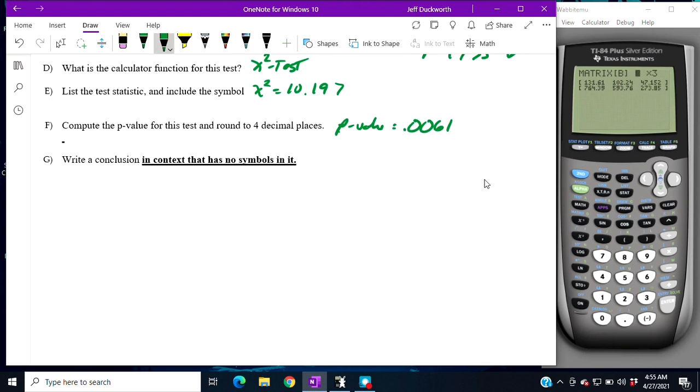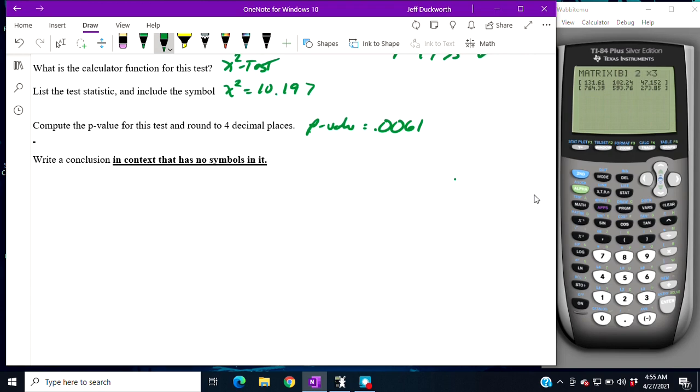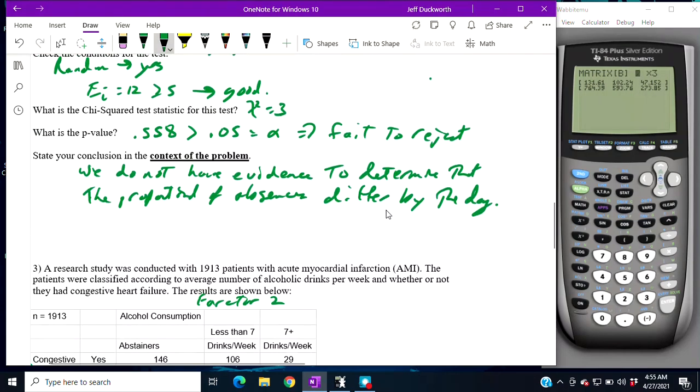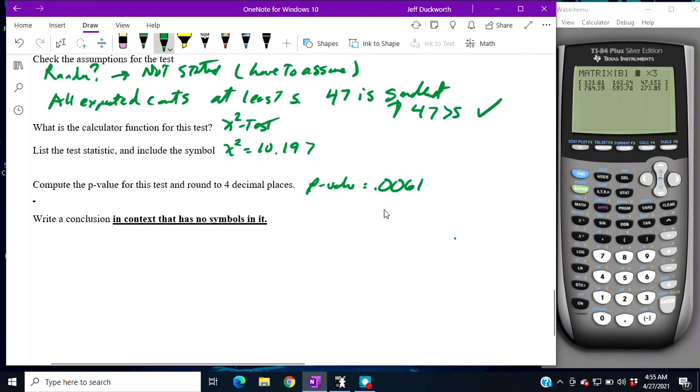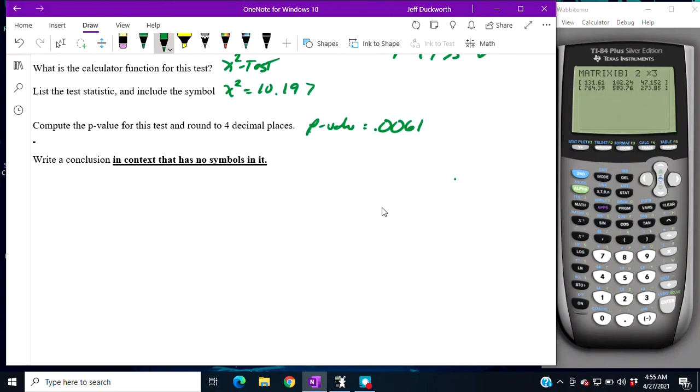So finally, we need something with context. So I can do this here. What is our alpha, if any? So no alpha given. Well, we got a couple options here. Typically, our default alpha is 0.05 if we don't have anything. However, that p-value is really low. That's lower than even the 0.01, which is kind of the smallest alpha that we've used.